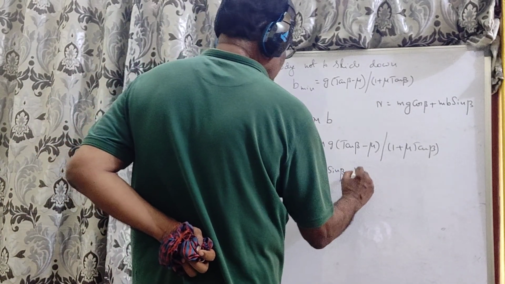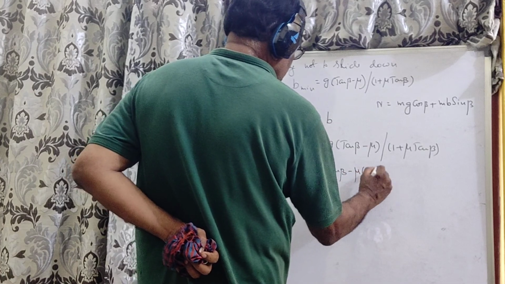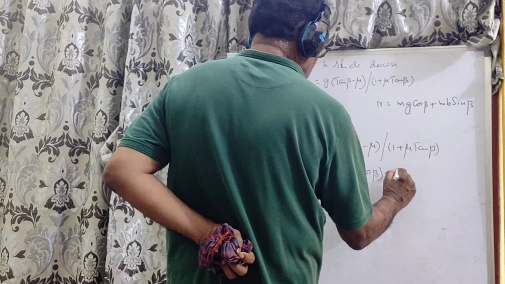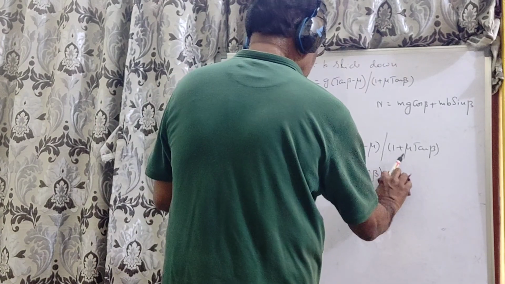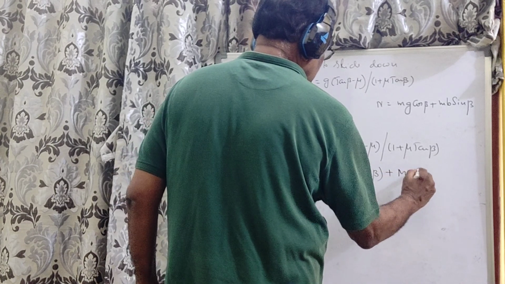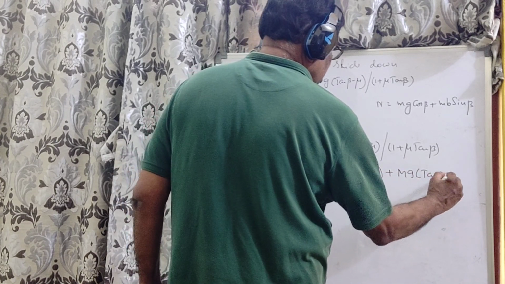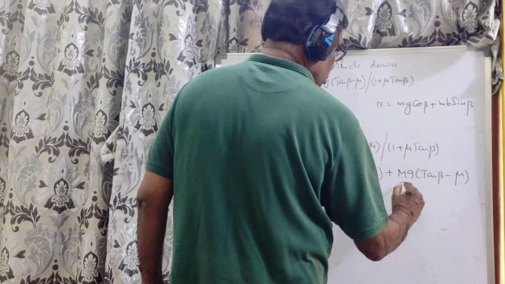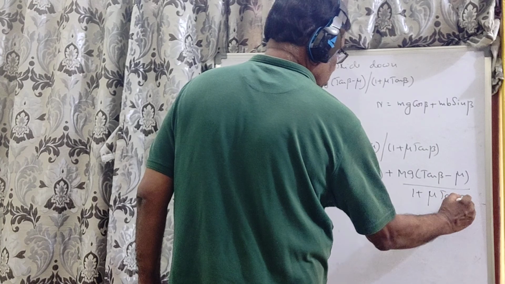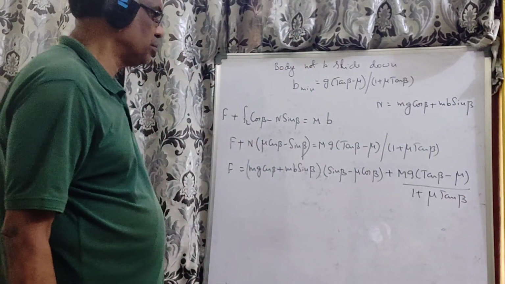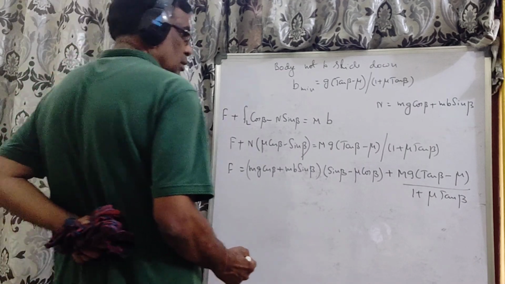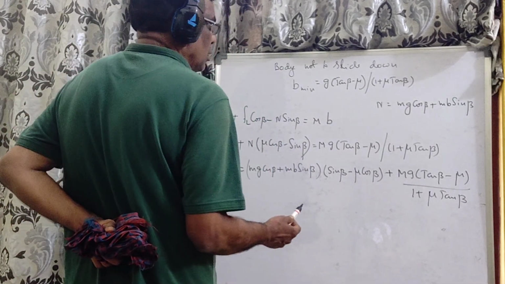Sin beta minus mu cos beta is equal to, I already put it, plus mg into this is the thing. Okay?